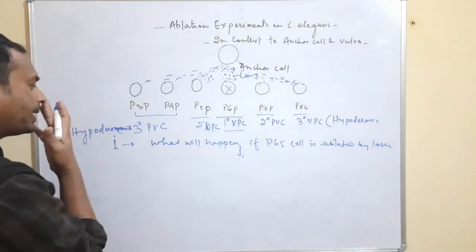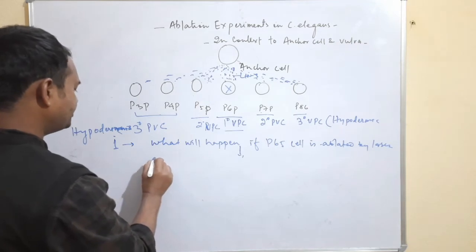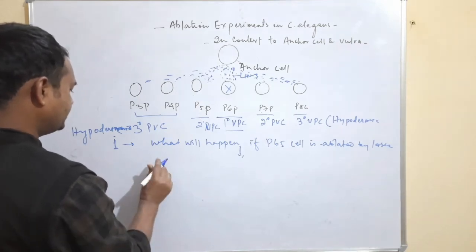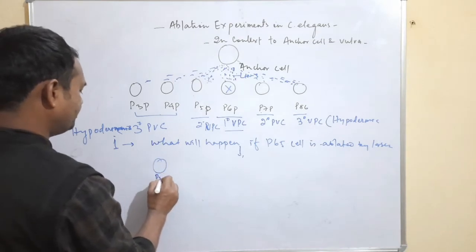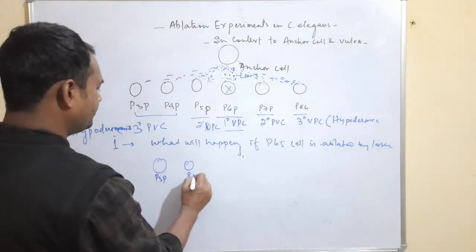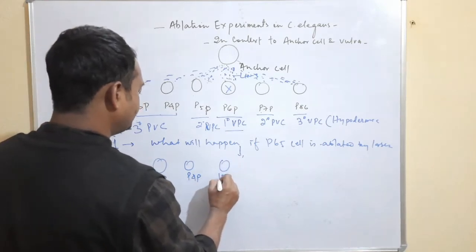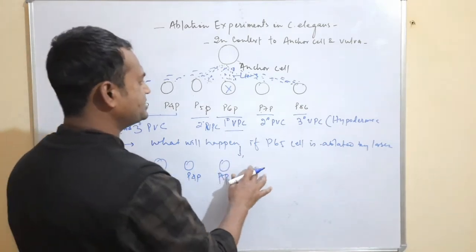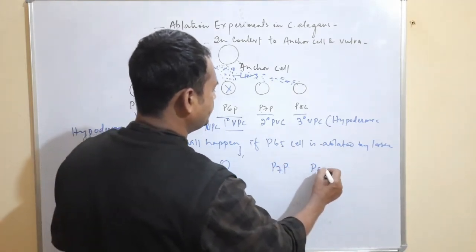So the structure could be like this. Suppose there is an arrangement like this: P3P, P4P, P5P, P6P is ablated, P7P and P8P.